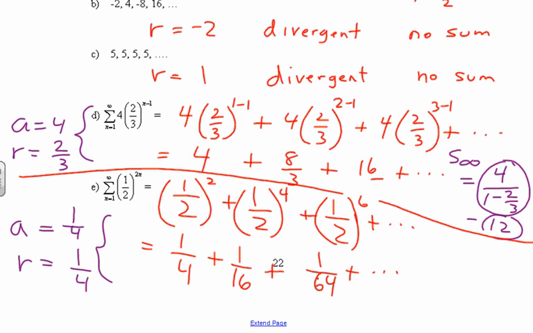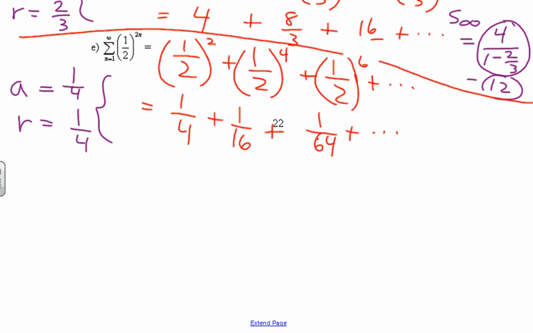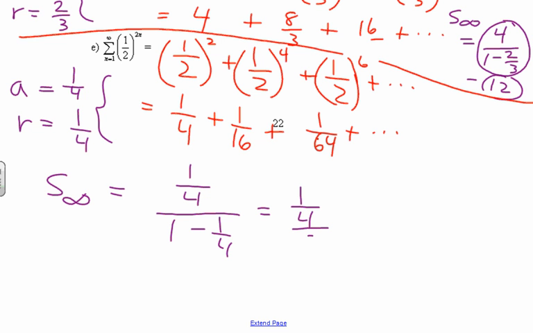So what's the sum to infinity? The sum to infinity will be the A value over 1 minus the R value. 1/4 over 3/4. 1/4 times 4/3. And the 4's do cancel out.